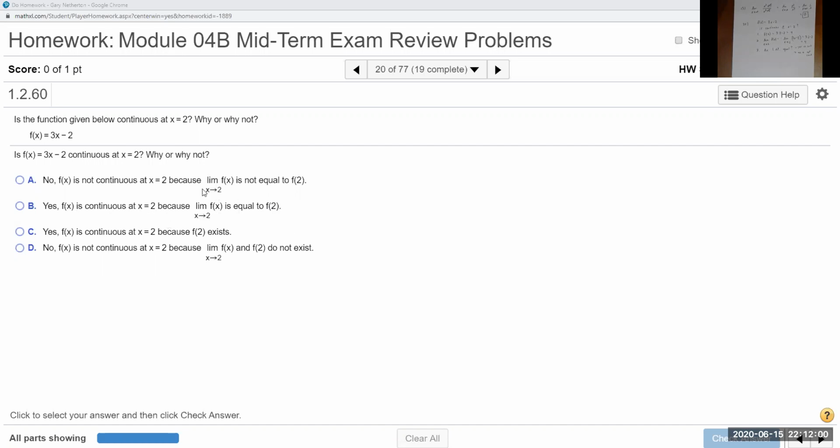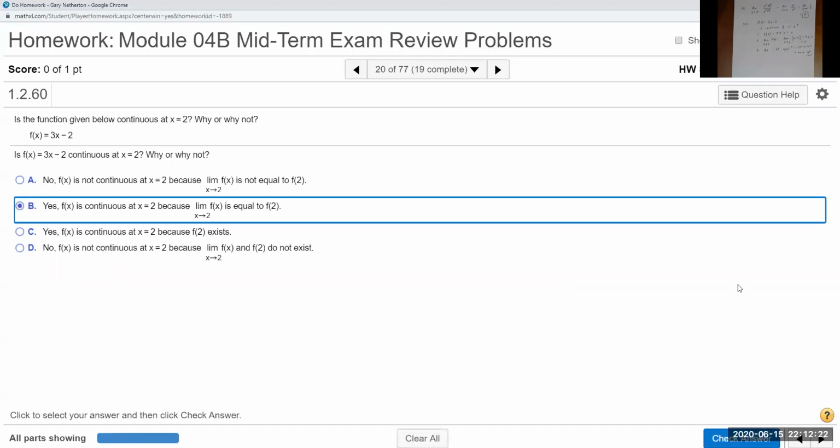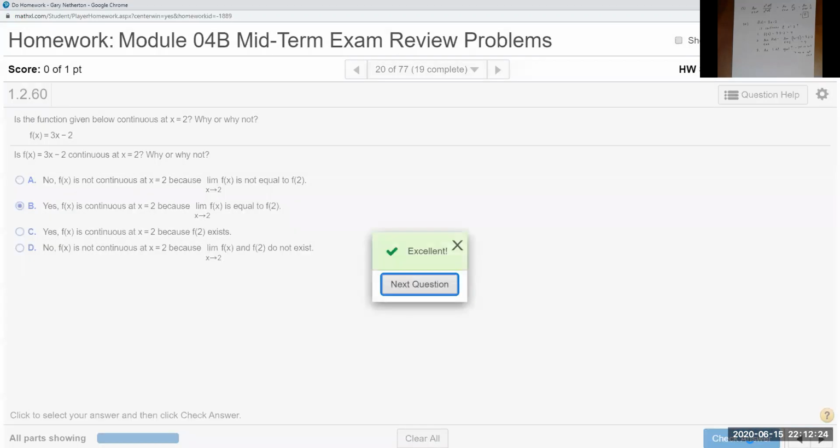This, in a sense, is saying the test we did to check for continuity. Let's just see what C says. Yes, f of x is continuous at x equals 2 because f of 2 exists. That's not enough. The actual way you find out if it's continuous is stated right here. So it's definitely B.